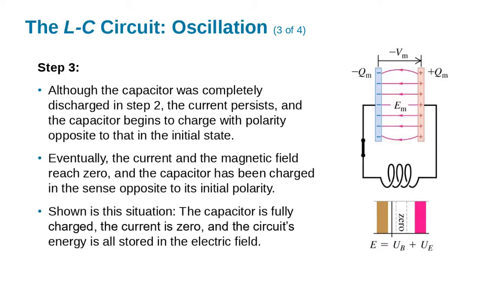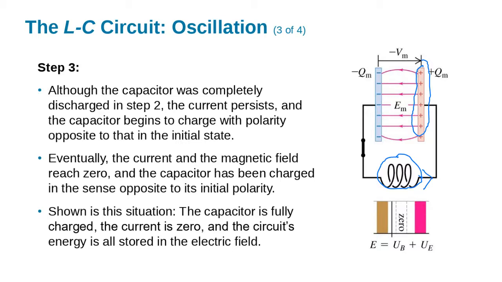So the inductor will keep pushing charge in this direction, and that will start building up charge on the opposite plate of the capacitor. So the inductor is going to start dissipating its energy, starting at some maximum value.